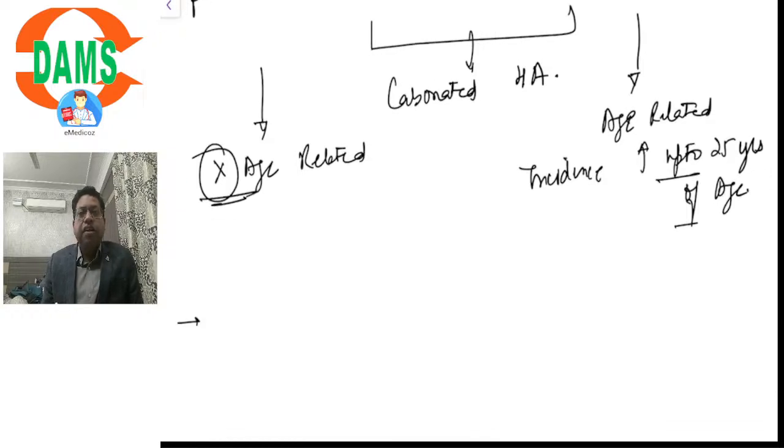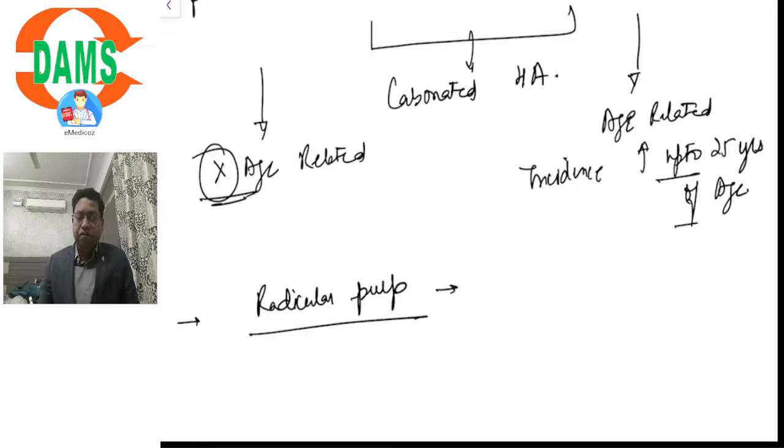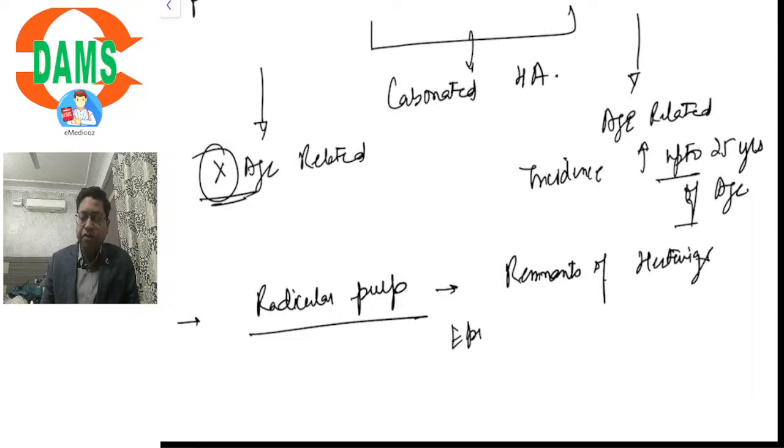Then, at times, especially in the radicular pulp, another form of calcification occurs that are remnants of Hartwig's epithelial root sheath.